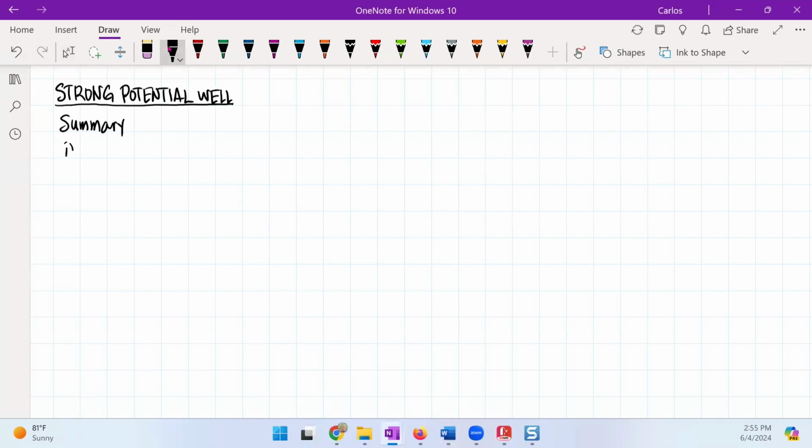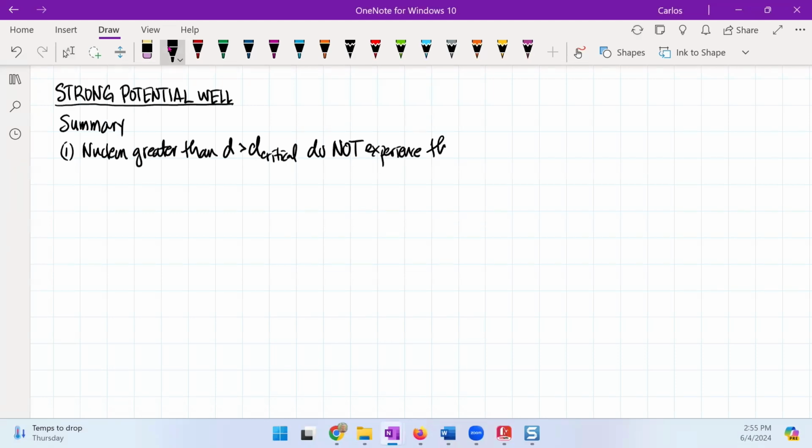We found here that nucleons greater than D critical do not experience the strong attractive interaction.